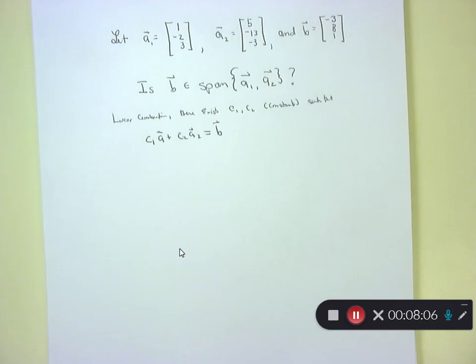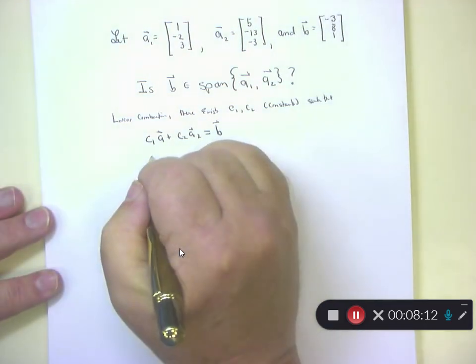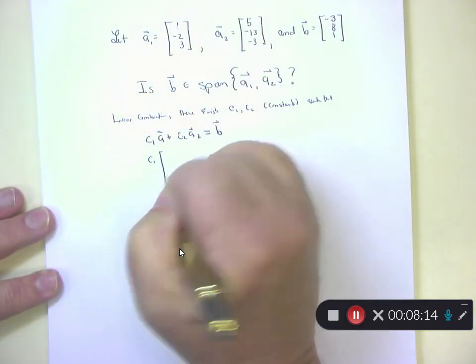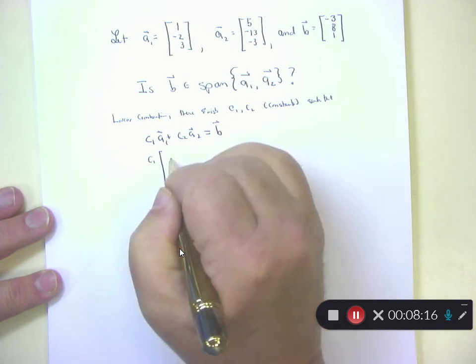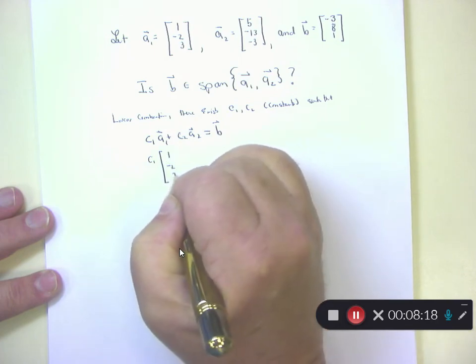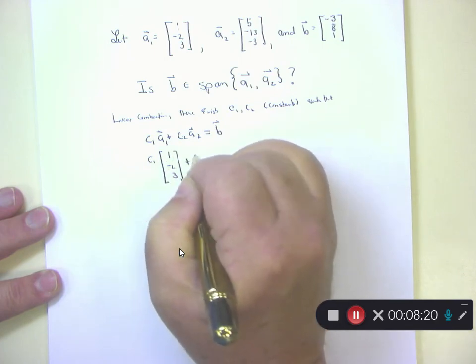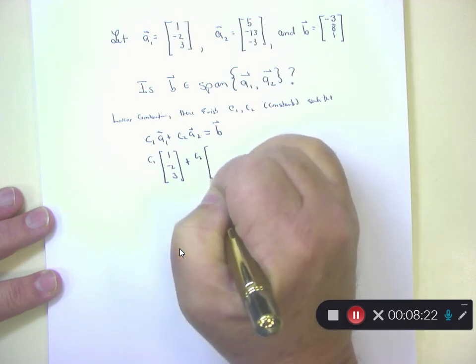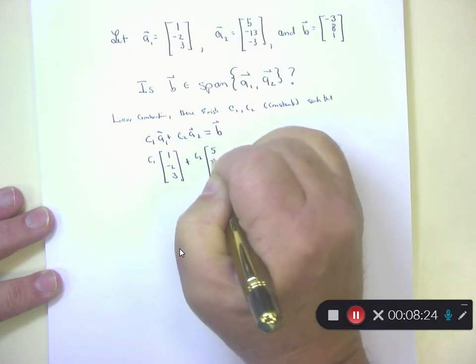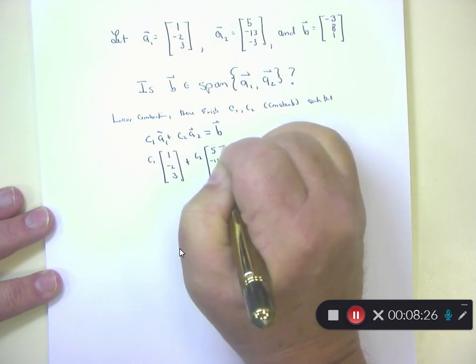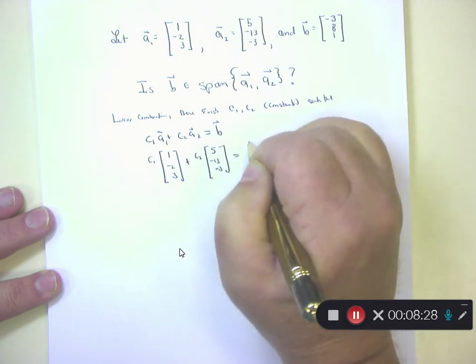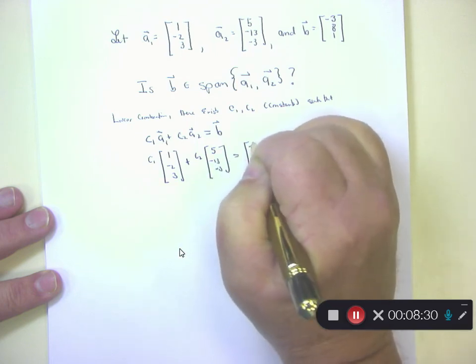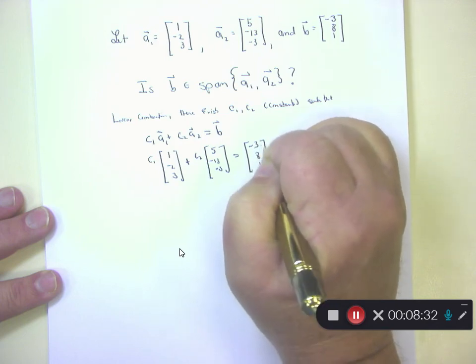Does that make sense? Now, watch where I go with this. This means that C1 times the A1 vector, which is 1, -2, 3, plus C2 times the A2 vector, 5, -13, -3, has to be equal to the B vector, which is -3, 8, 1.